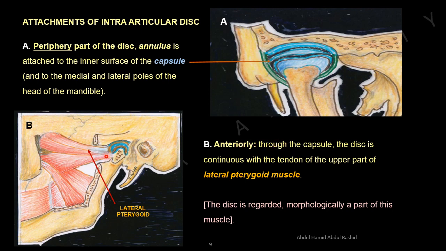Through the capsule, the anterior part of the intra-articular disc is continuous with the upper part of the tendon of the lateral pterygoid muscle. You can see here, it is attached to or continuous with the tendon of the upper part of the lateral pterygoid muscle. The disc is regarded morphologically as a part of this muscle.